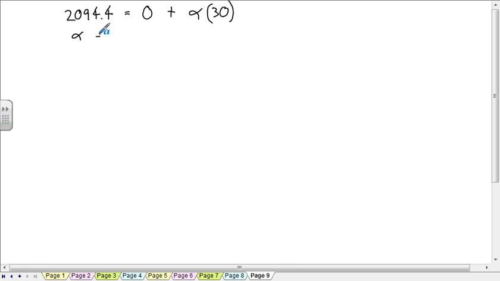Solve that and you get alpha is equal to 69.8 radians per second squared.